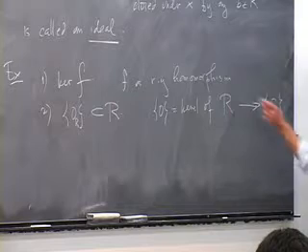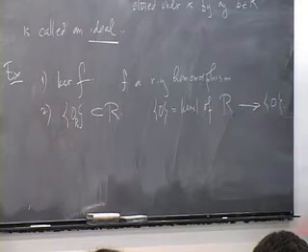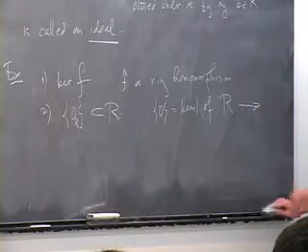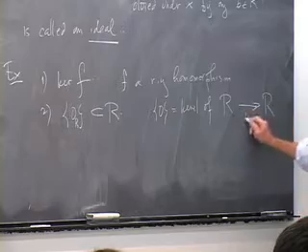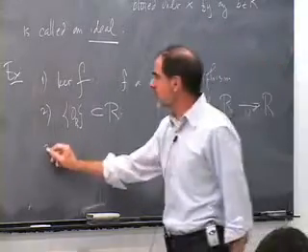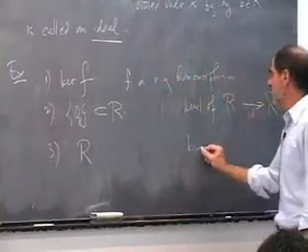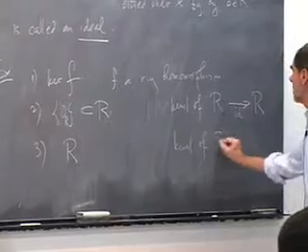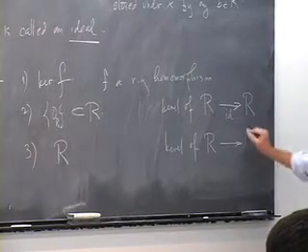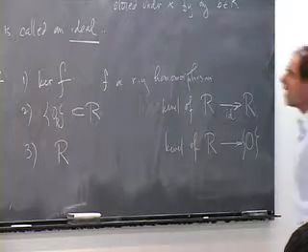If you map everything in R to the 0 ring, that's a ring homomorphism, and its kernel is, sorry, it's the kernel of the map from R to R, which is the identity map. And the third example is R. And that's the kernel of the map that takes everything to the 0 ring. So these are very extreme ideals.